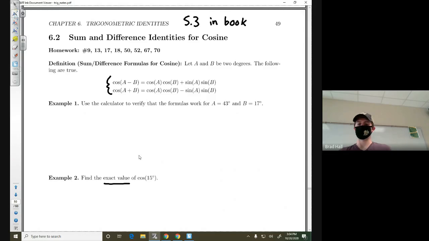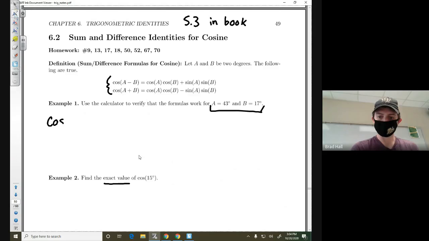Example 1 says use a calculator to verify that these formulas work for these 2 values. I'm just going to pick one of these at random. There's no point in plugging in both. So this says cosine of 43 degrees minus 17 degrees.